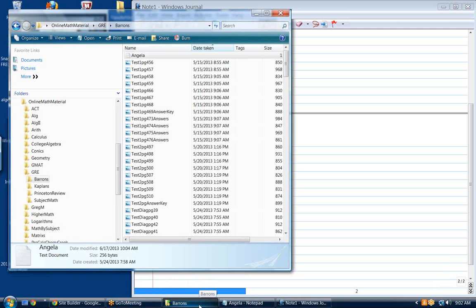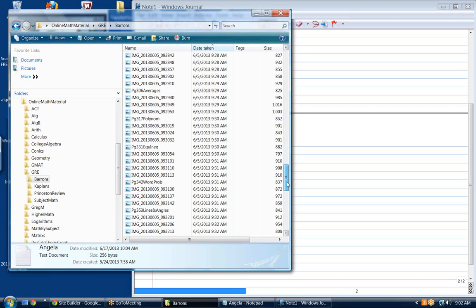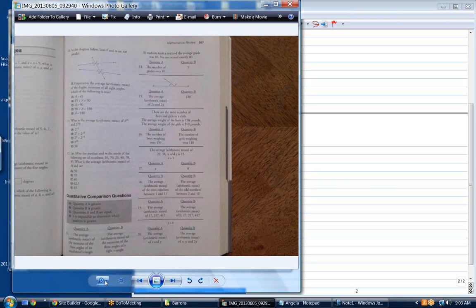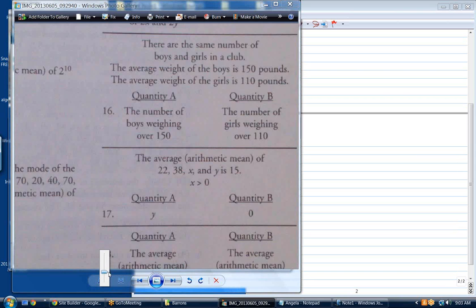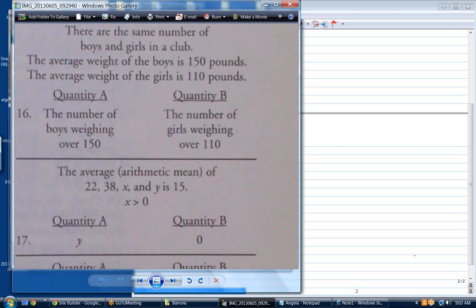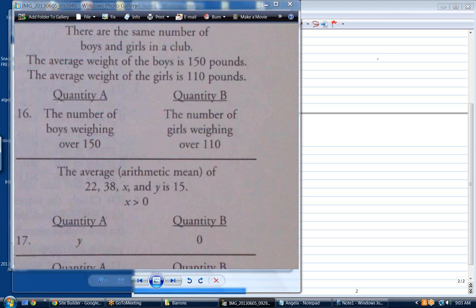Okay, let's see. We left off on page 307. Number 15. So let's pick up with 16. I'm just going to shut off my camera right away.